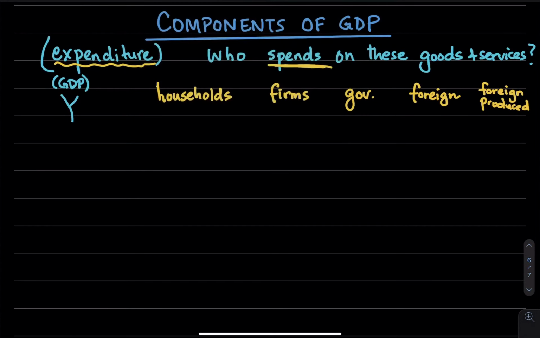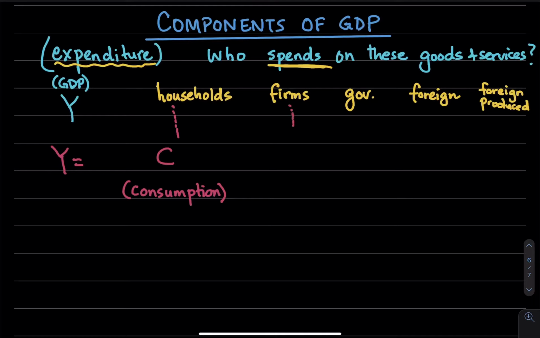But let's try to talk about what we call the expenditure on goods and services by households. So that expenditure is called consumption. So this is consumption, represented by the letter C. Should be easy to remember.